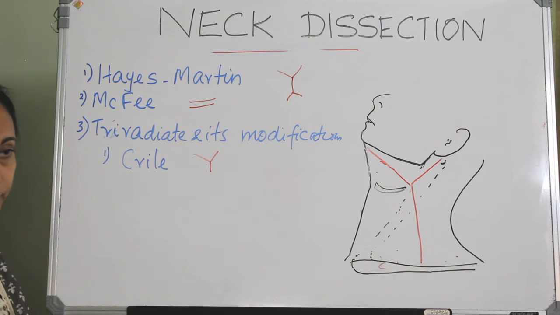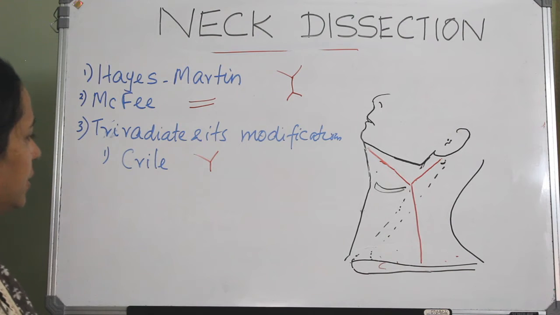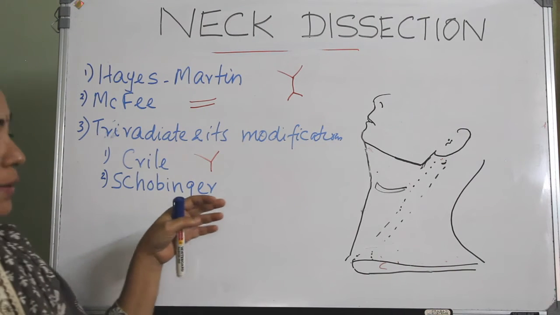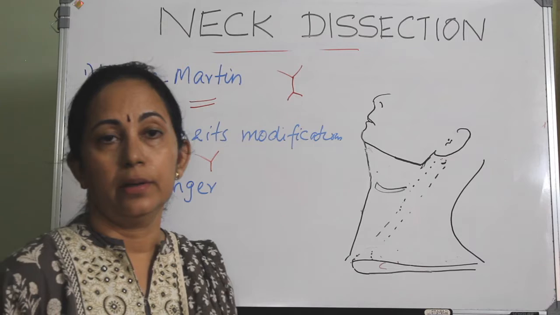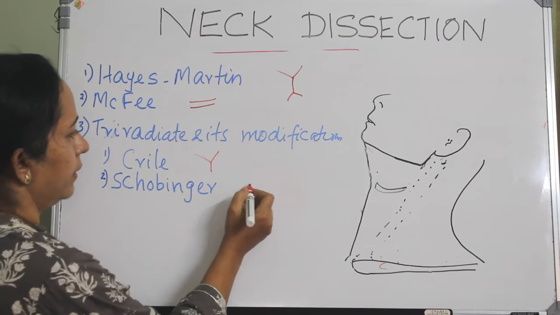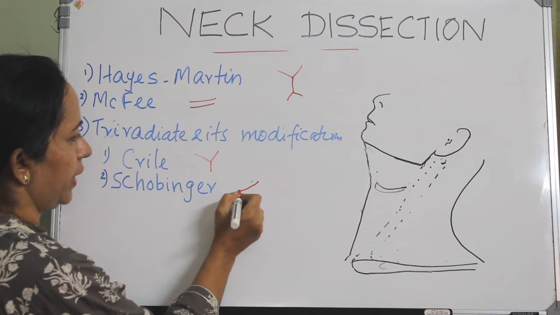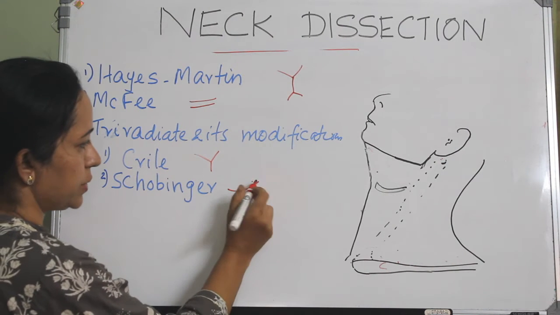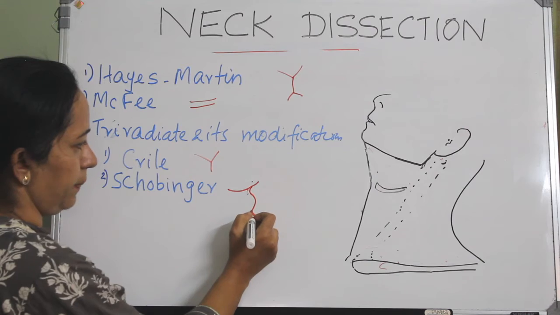Okay, so I explained the advantages and disadvantages. The second is Schobinger, which is actually a modification of the triradiate incision. Here, like in a Crile, this also is a Y incision, but the vertical limb is more posterior and lazy S type.